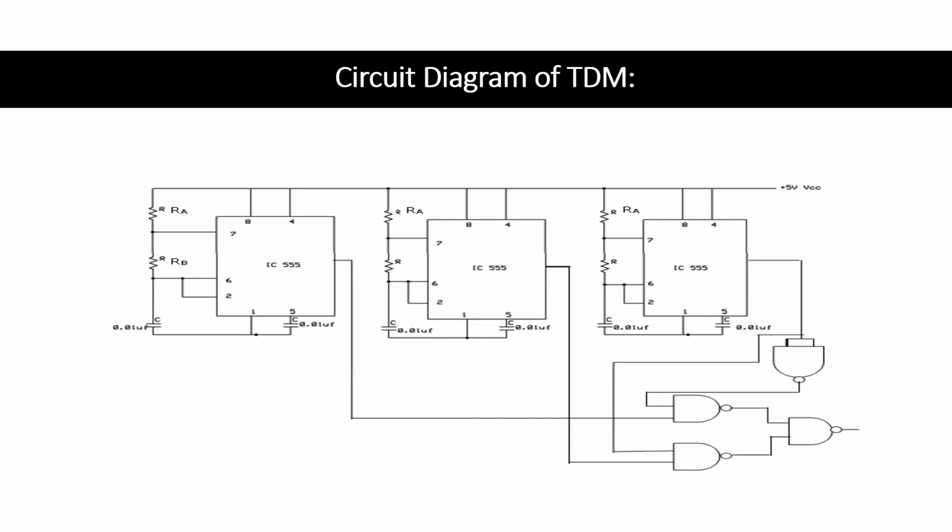Each 555 IC will generate a different frequency. The first 555 IC will generate some frequency, for example F0. The second 555 IC will generate the frequency F1. The third 555 IC will generate the frequency F2.